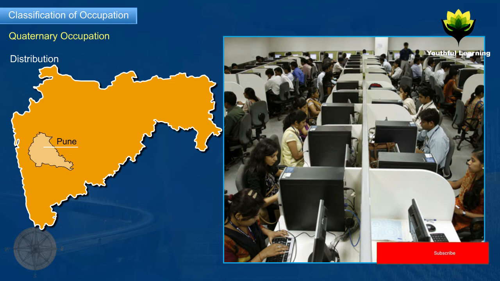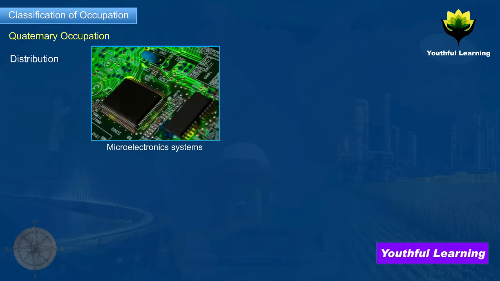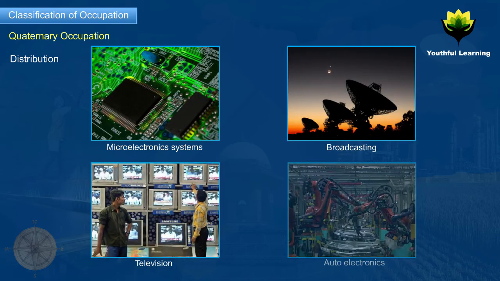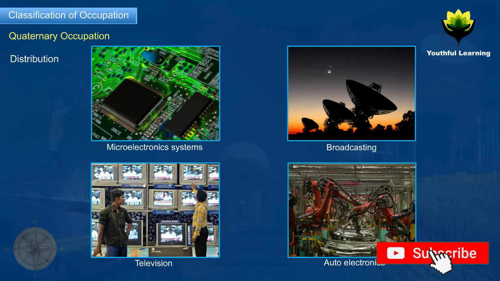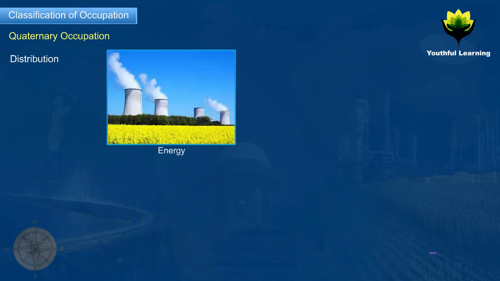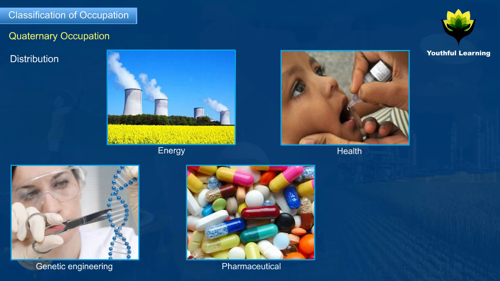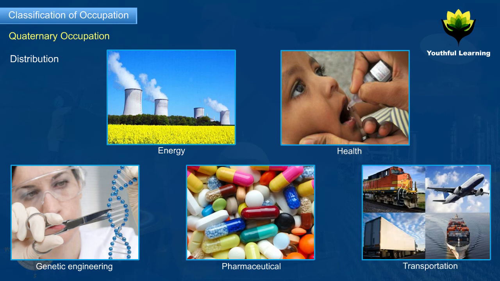Information technology or IT includes microelectronics systems, broadcasting, television, auto electronics, etc. It also finds use in sectors such as energy, health, genetic engineering, pharmaceutical and transportation.